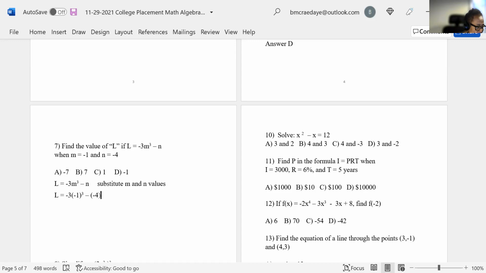Minus 1 times a minus 1 times a minus 1. What does that give you? You said a minus 1 times a minus 1 times a minus 1. Remember, this is a multiplication. Times a minus 1. What does that give you?